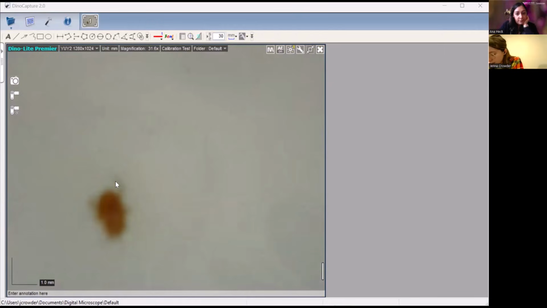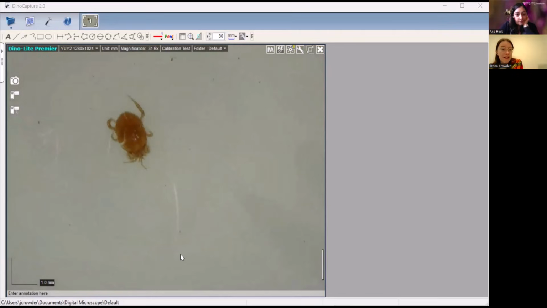Here we've got an unlabeled slide. I'm not sure if James is still on. But this is kind of a cool exercise in what is this thing? Could this potentially be a Tropilaelaps mite? Kind of a mystery slide here.